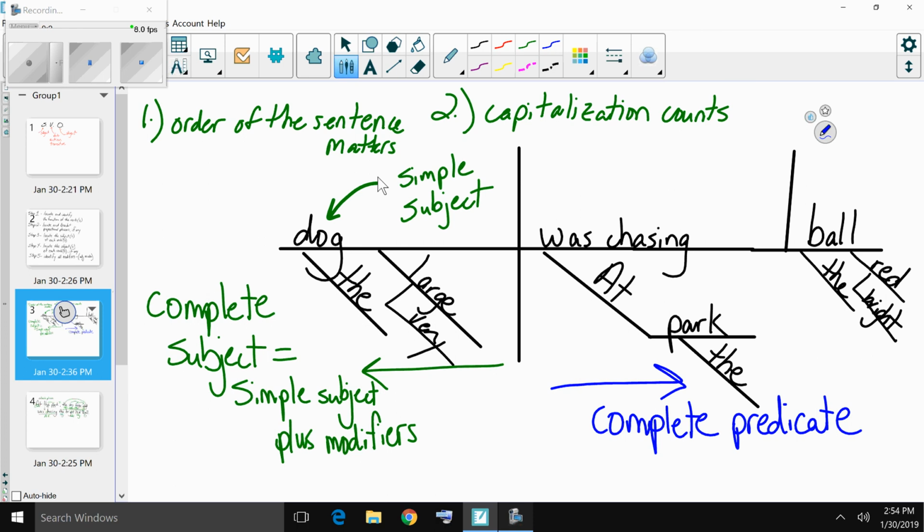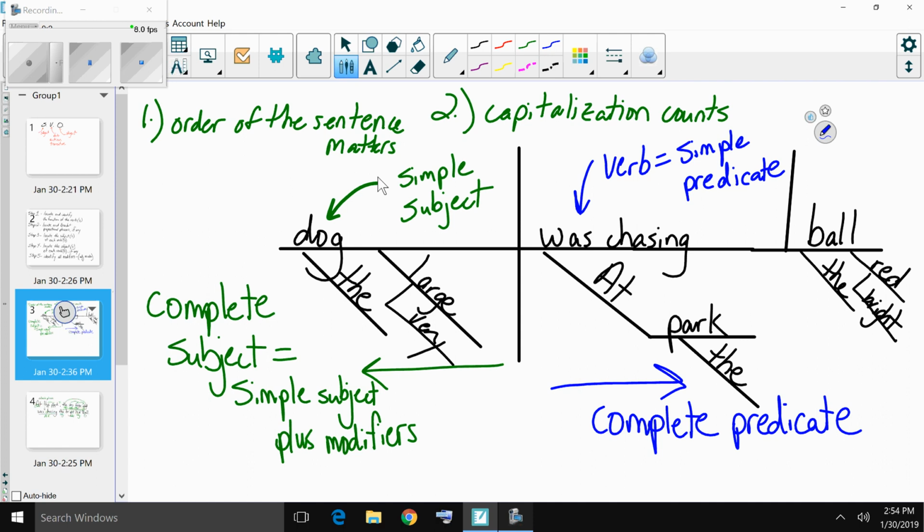Then that would mean that the verb is equivalent to the simple predicate. These are synonymous. However, I will never refer to the verb as the simple predicate. I will always just call it the verb.